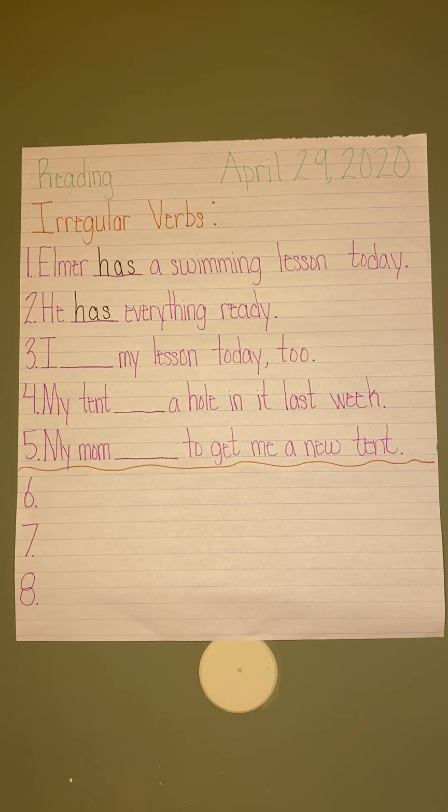All right, let's look at number 3. Number 3 says, I blank my lesson today too. Would it be I have my lesson today too, or I has my lesson today too?